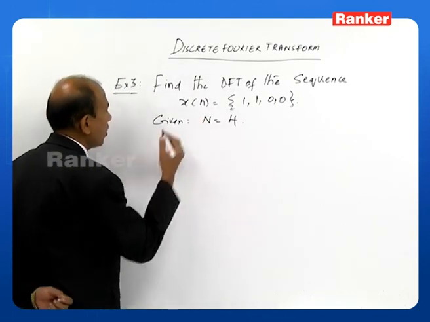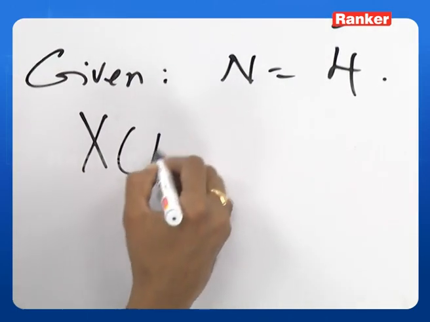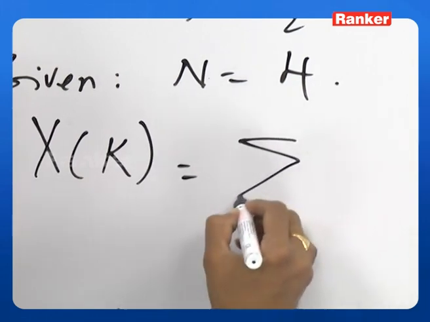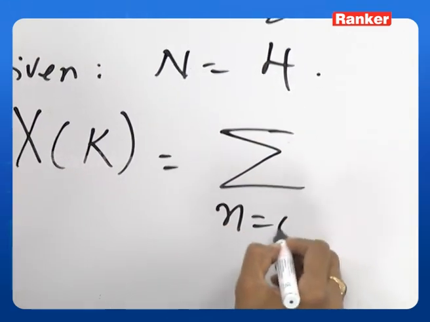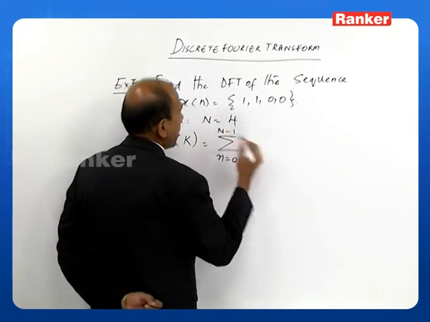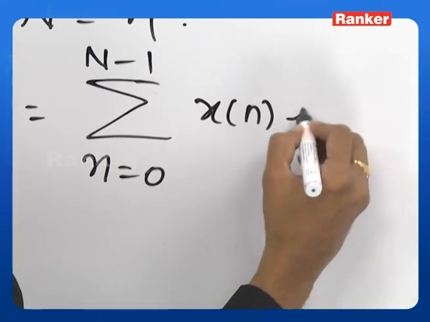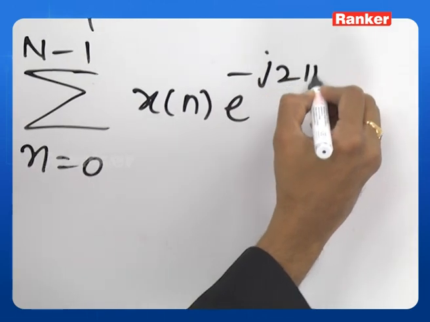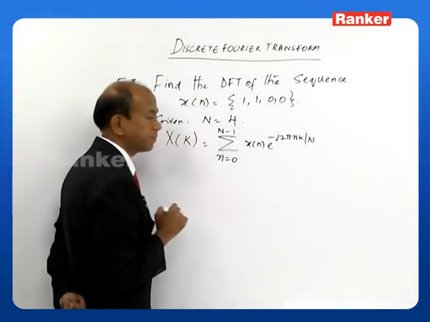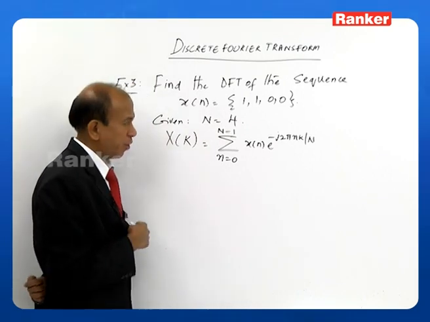So let's start. How do I find the discrete Fourier transform? That is given by X of k is equal to the summation, n is equal to 0 to N minus 1, of x of n e to the power of minus j 2 pi n k by N. So this is the formula for us.